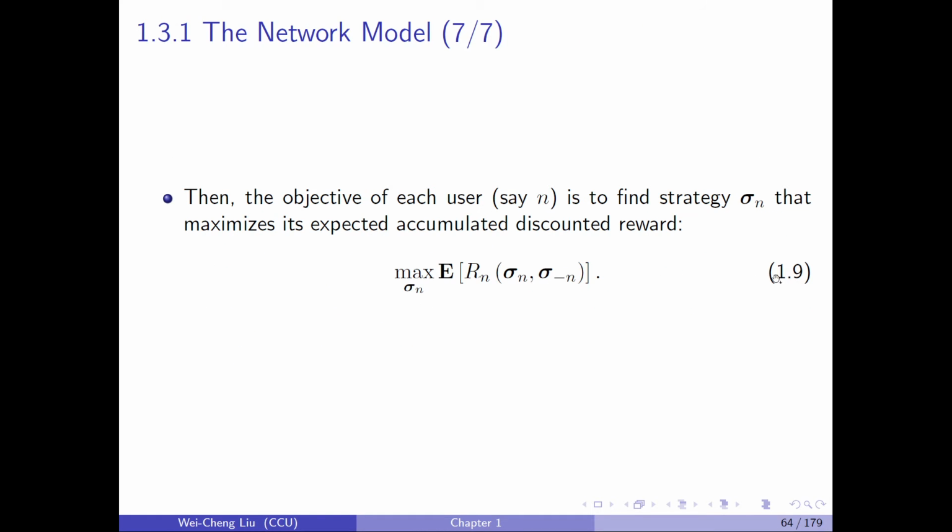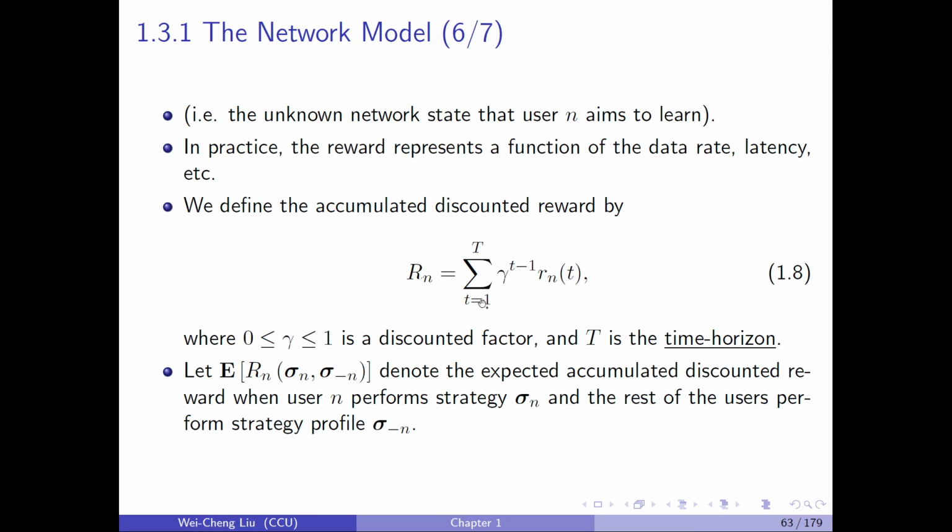Okay, this equation: the maximum of the expectation of capital Rn of sigma n and sigma minus n, and the variable is sigma n. Do you remember what capital Rn is?